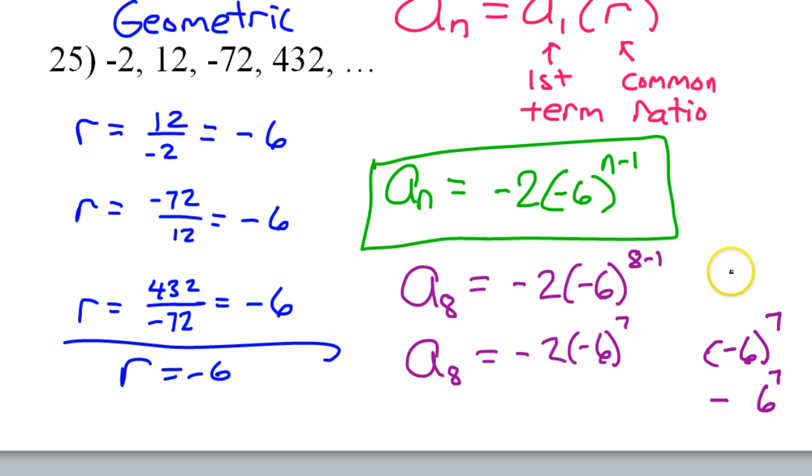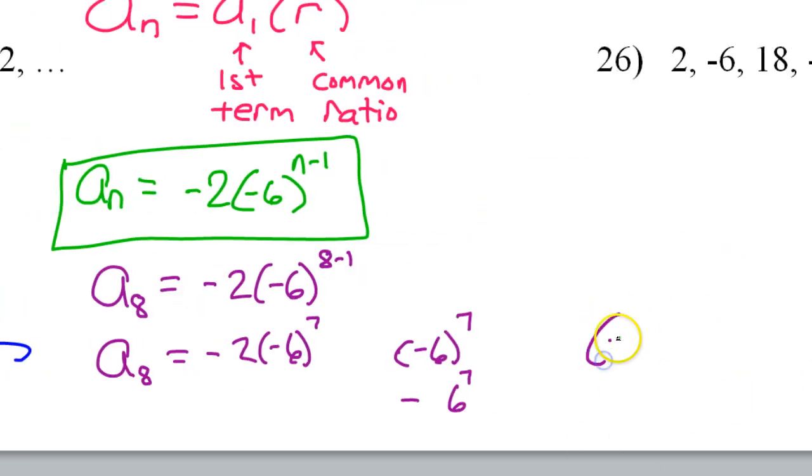The negative doesn't go anywhere. By contrast, if I had -6 to the 8th power, that would be the same thing as just 6 to the 8th power, with no negative at all. So the negative is going to stay. So that means what I have here is a negative times a negative, which is going to be a positive. So I can really sort of forget about the negatives at this point.